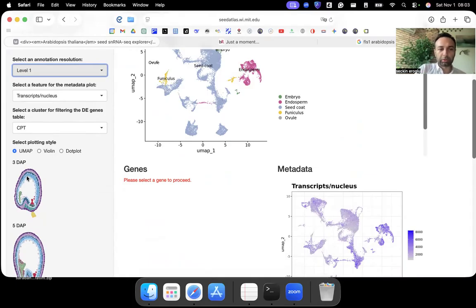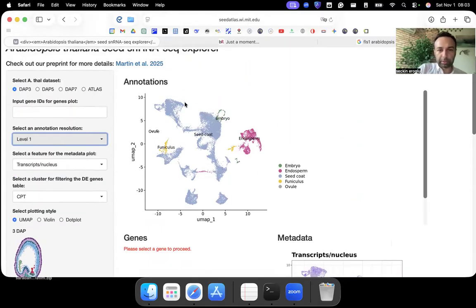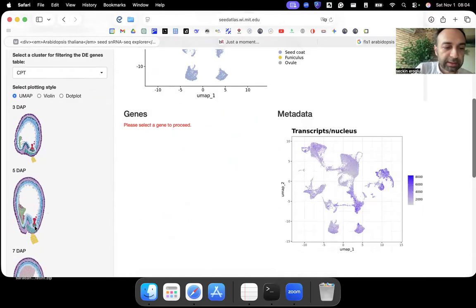We see all the expressions in the seed coat. So all these RNA-seq data belong to seed coat. So there are so many cells that we have RNA sequencing for the seed coat cells, but much less for the funiculus, which makes sense because funiculus is this part. It's very small.